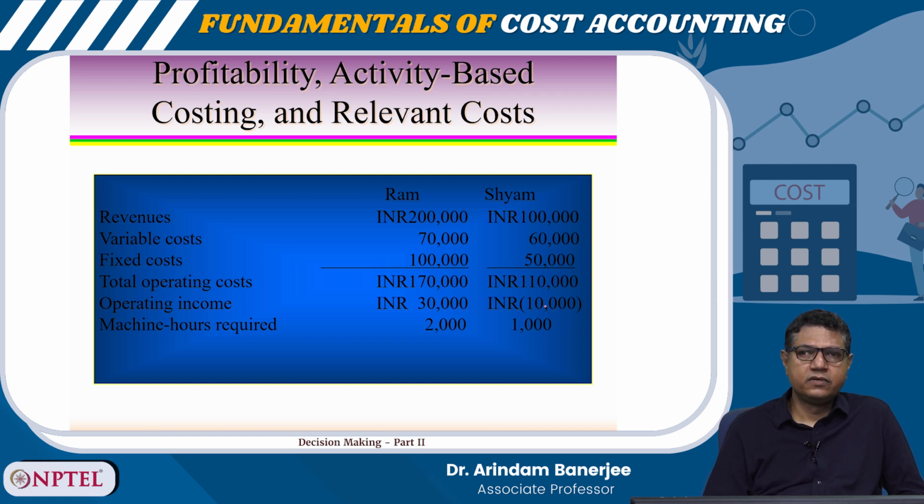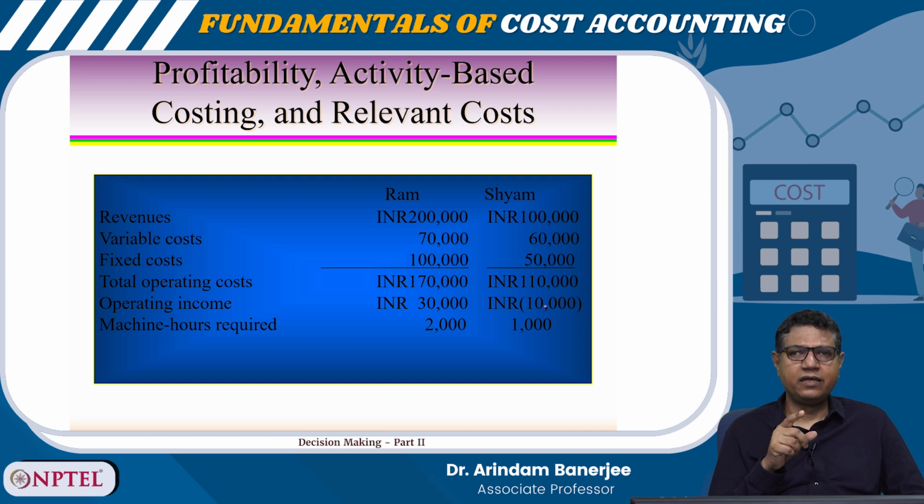It is a 10,000 loss, and the machine hours required are 2,000 in case of Ram, but in case of Sham only 1,000. So here you see the concept of limiting factor coming into play. In case of Ram, my contribution is 2 lakh minus 70,000, that is 1 lakh 30,000.